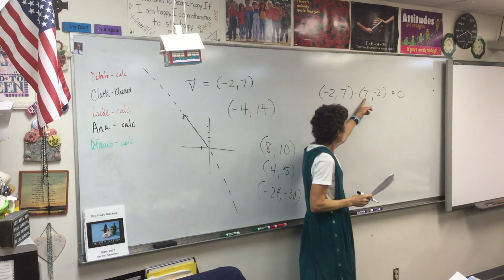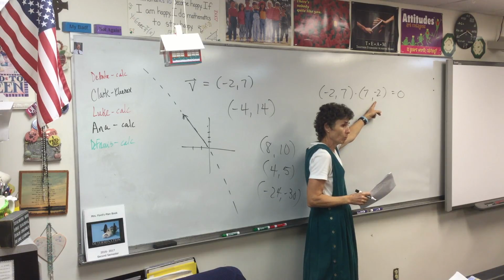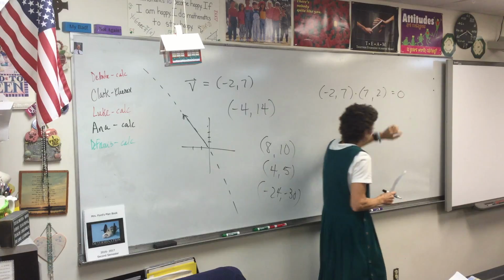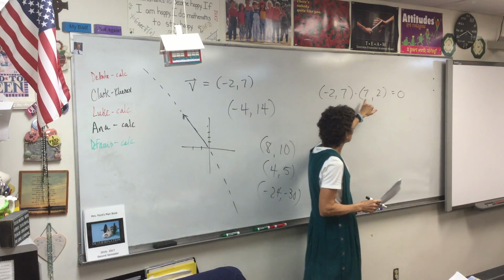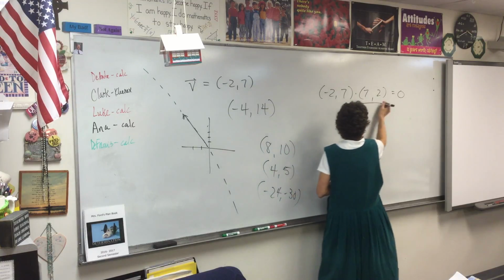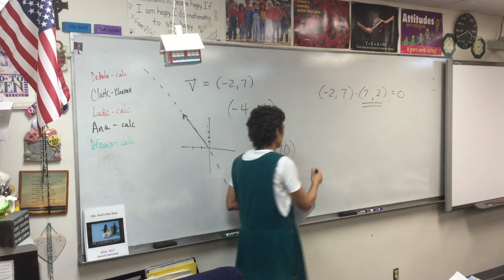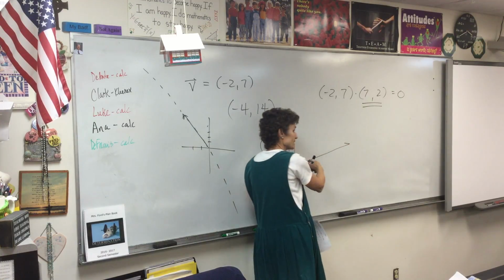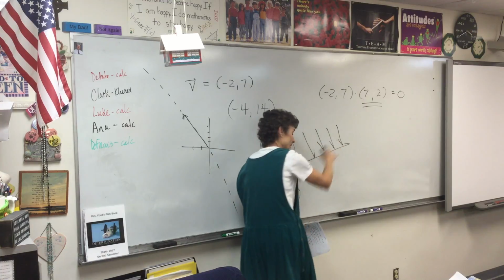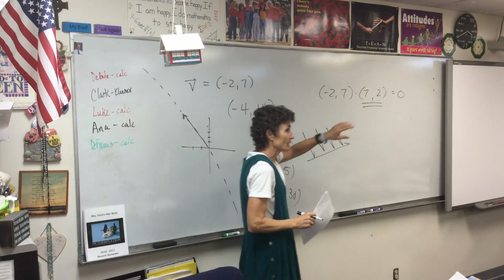Let's see, that's a negative 14 and a negative 14. That won't work, but we're getting closer. Positive 2. Now is the dot product 0? So here is one example. There are infinitely many. Think about it. If this is the vector, there are infinitely many of them perpendicular to it. This is one of them.